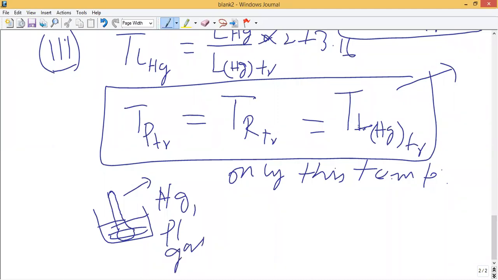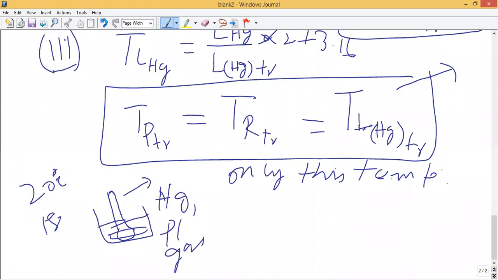For example, one can give 20 Celsius, other can give 18 Celsius, and means they will give different values. Okay, in general, why will they give different values? Because this is an experimental fact.